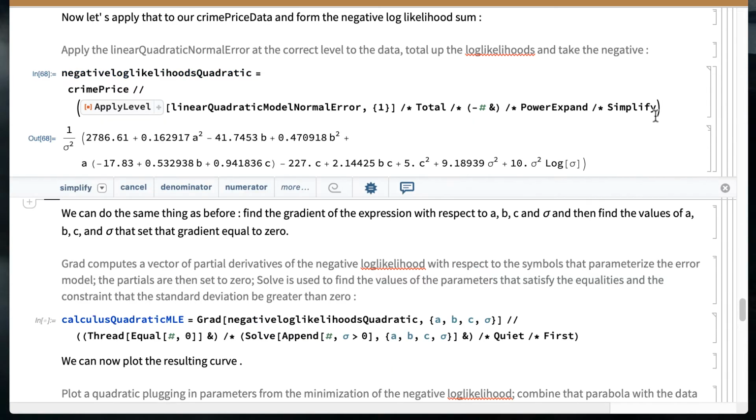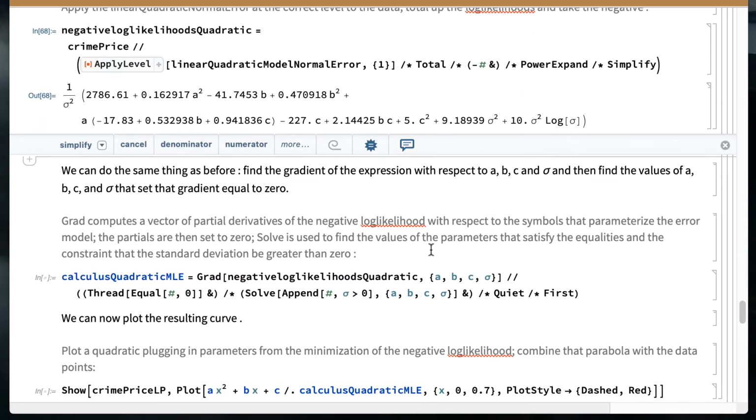And lo, we have an expression, and it's got a lot of stuff in it, but it's not too brutal, with a's and b's and sigmas and c's and a bunch of numbers. So we could do the same thing that we did before.